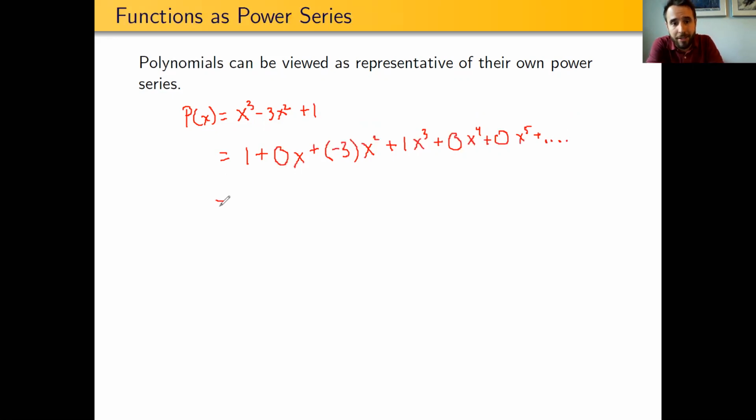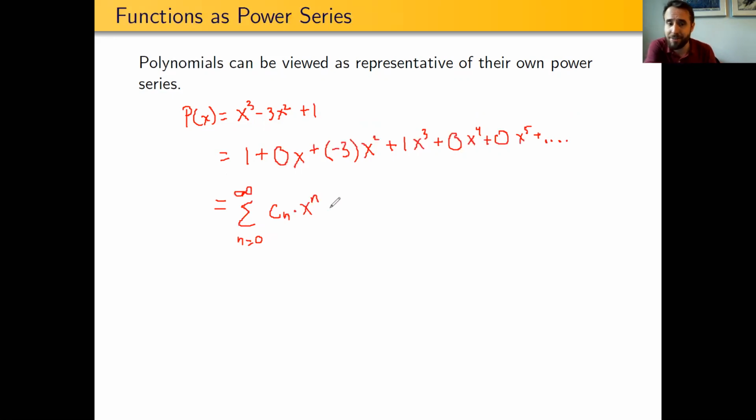And so this really does take the form of an infinite sum, right? Sum as n goes from 0 to infinity of expressions of the form c sub n times x to the n, right?